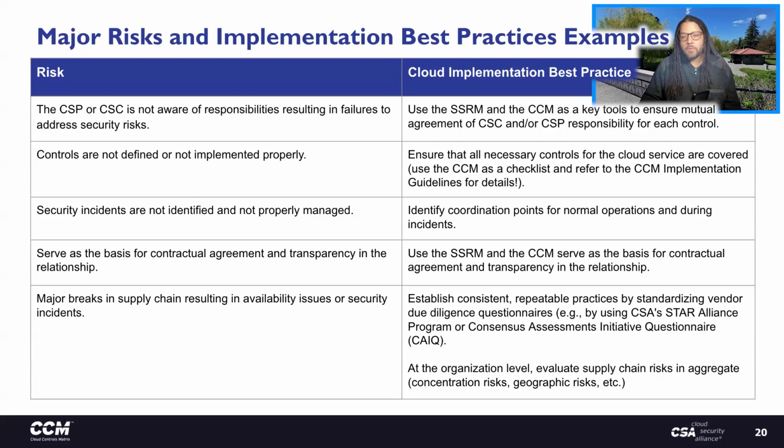So, again, go through standardized due diligence practices, using the CSA STAR program to assess the level of readiness of a cloud provider, using the CAIQ directly if they're not on the CSA STAR program, and do your work to evaluate those supply chain risks holistically, and make sure that you're continuing to do that work on a regular basis that the CCM lays out.